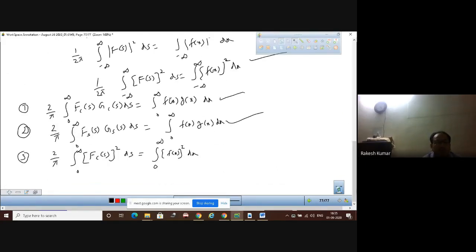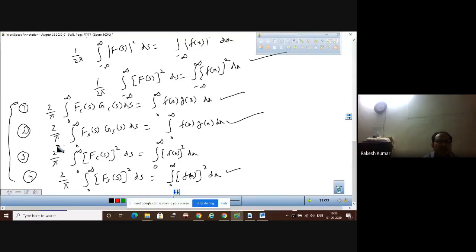In a similar way, we can prove the result for the sine transform also, that will be 2 upon pi, integral from 0 to infinity of the Fourier sine transform squared, equal to the integral from 0 to infinity of f of x squared. So this is the fourth part. These results are for the Fourier cosine transform and for the Fourier sine transform. These are parts of the Parseval identity also.